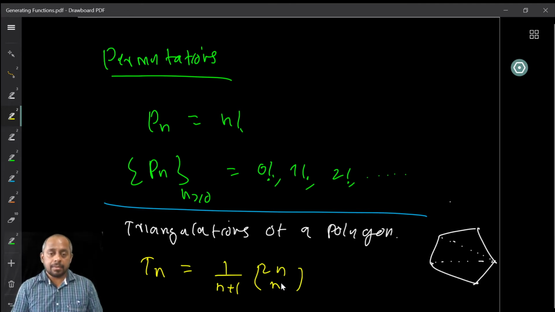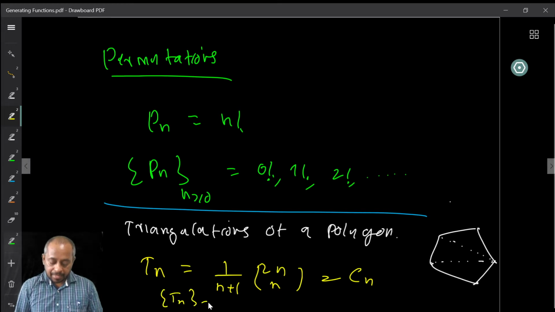Take polygons of different sizes, try to triangulate them and see how many you get, and you should be able to show that it is actually the Catalan number. So then we have the corresponding sequence Tn equal to the sequence Cn, where Cn is the Catalan number.